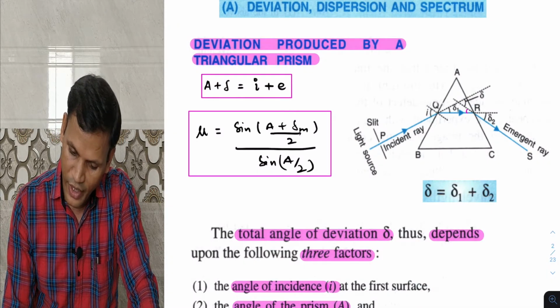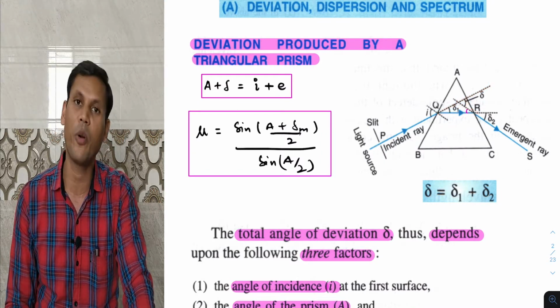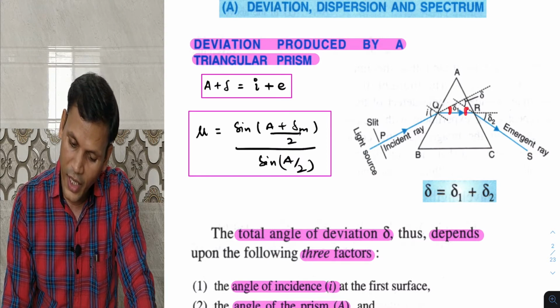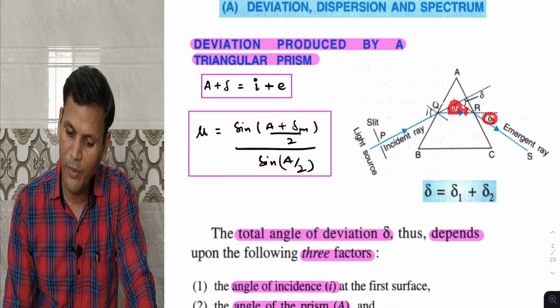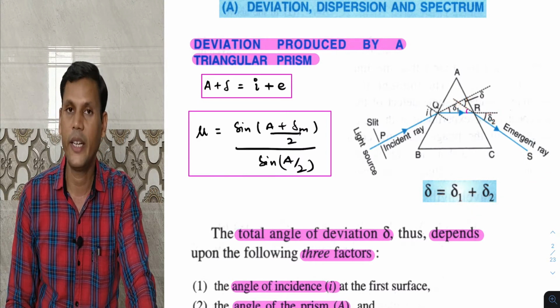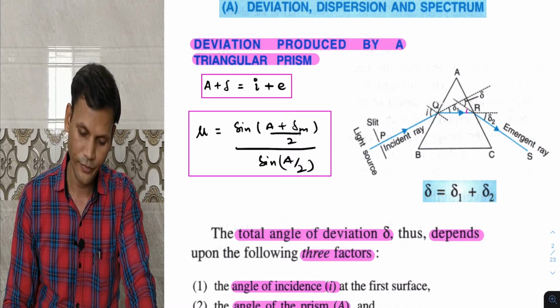According to the exterior angle property of a triangle, the sum of the internal angles, that is this angle delta 1 and this angle delta 2, so delta 1 plus delta 2 is equal to delta, that we have written over here. Delta is equal to delta 1 plus delta 2.